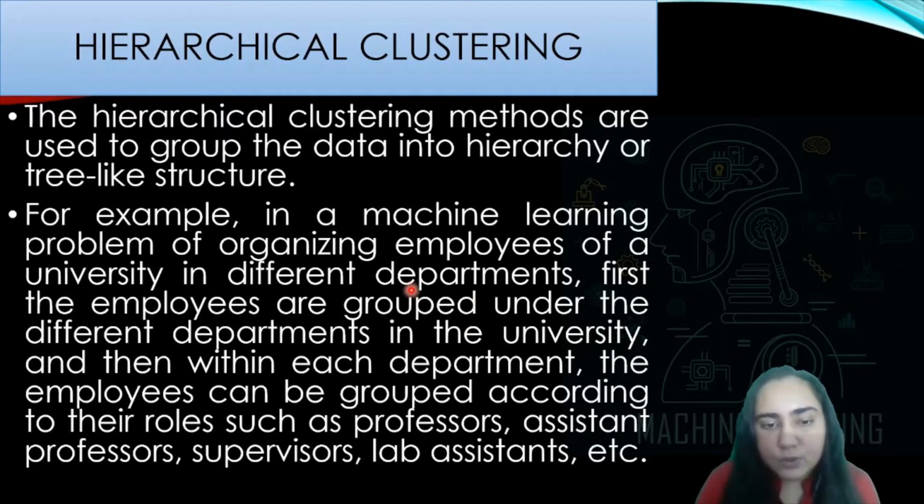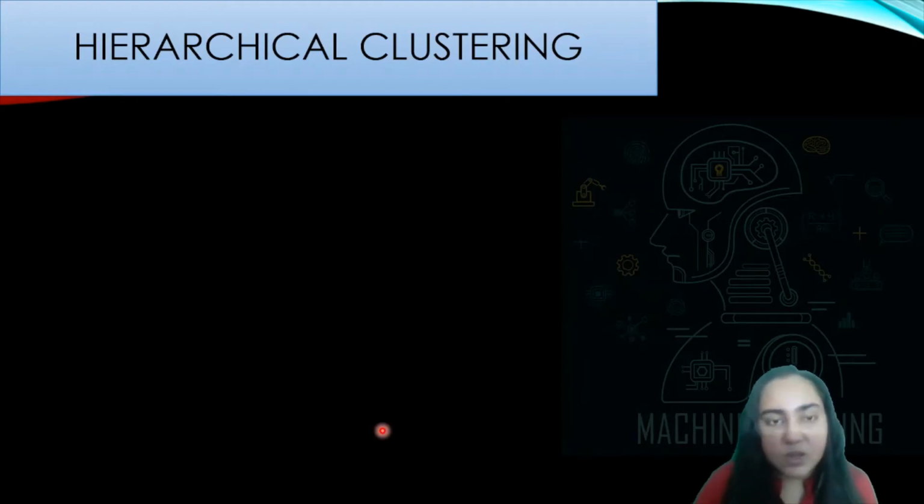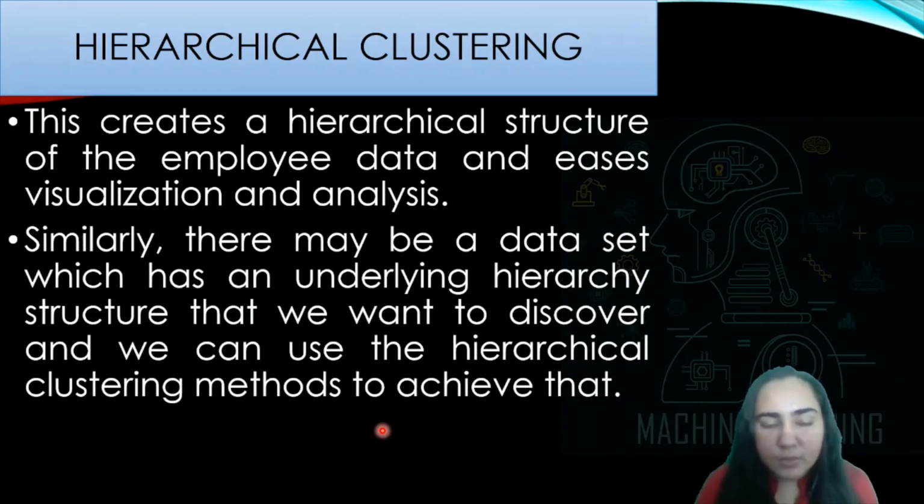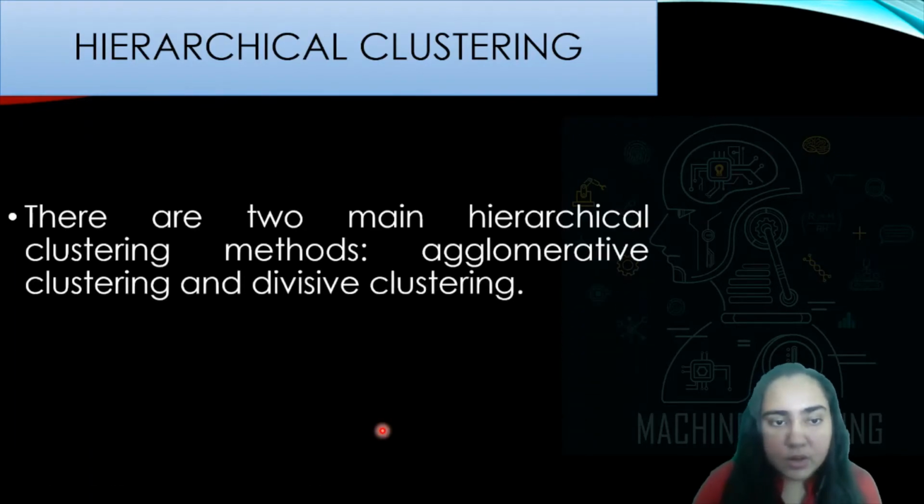You want to group the employees as professors, assistant professors, supervisors, lab assistants, etc. So you could do that using hierarchical clustering because there is a hierarchy here. It creates a hierarchical cluster of these employees if you visualize it. So there may also be a data set where you want to perform clustering, but it already has an underlying hierarchy. So you could make use of that to perform your clustering.